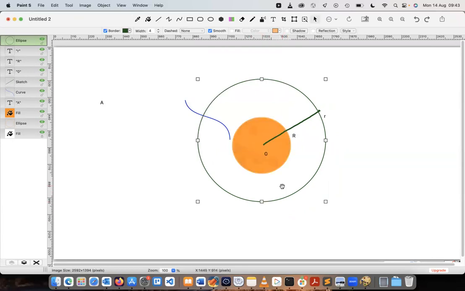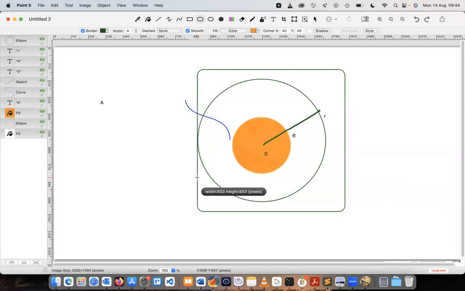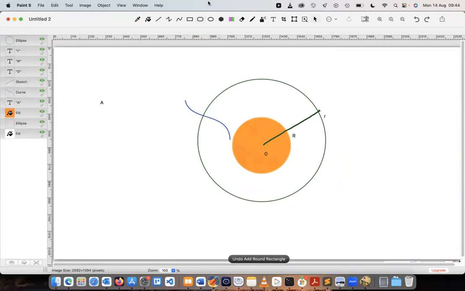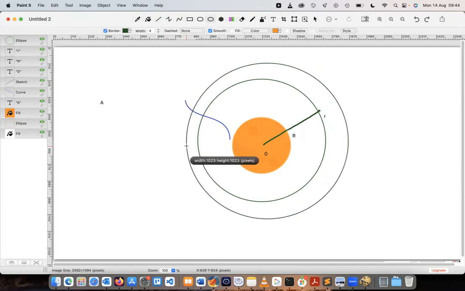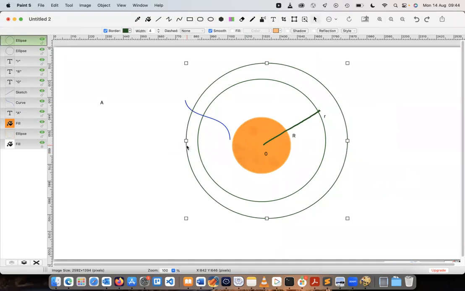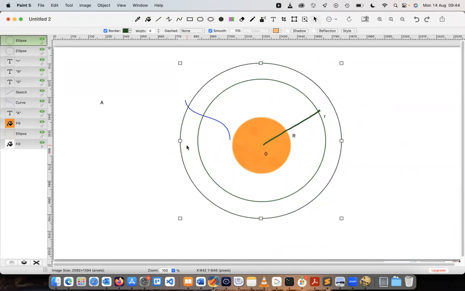So we are picking a radial position there, and then we'll pick similarly another radial position at r plus delta r. And so we can draw a line like that.